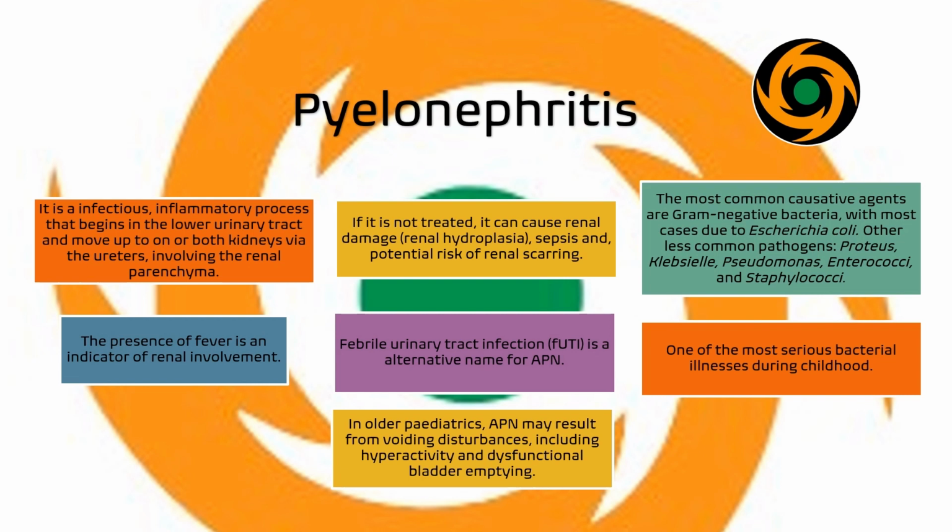Other less common pathogens can include Proteus, Klebsiella, Pseudomonas, Enterococci, and Staphylococci. The presence of fever can be an indicator of both direct and indirect renal involvement.